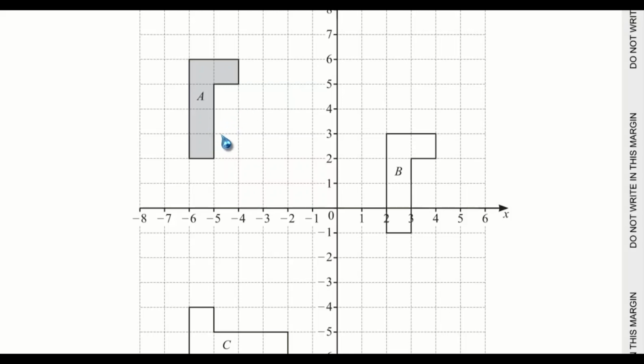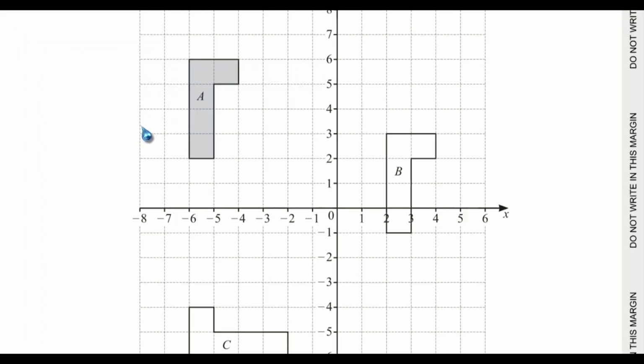To do that, you can make use of your tracing paper, but if you don't have tracing paper, you can make use of a pair of compasses and maybe a protractor or any other thing you could use. So I'm going to use a pair of compasses and my protractor. So let's do that.